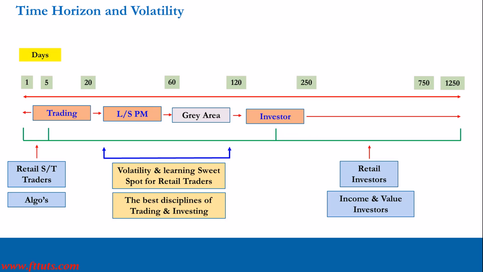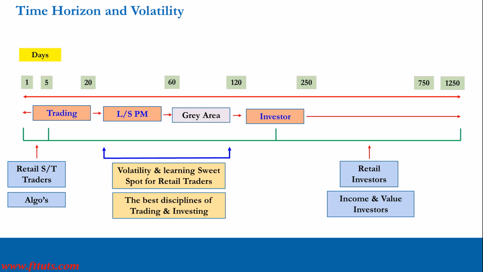Beyond 120 days, a position is absolutely at this stage an investment. So you've had a position on for 6 months or more, it absolutely is an investment. In between 60 and 120 days, it's slowly morphing from a trade into an investment.